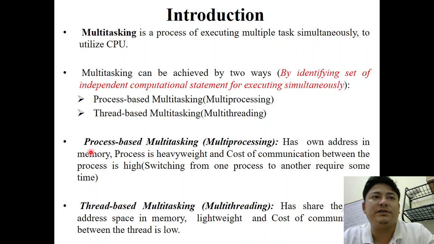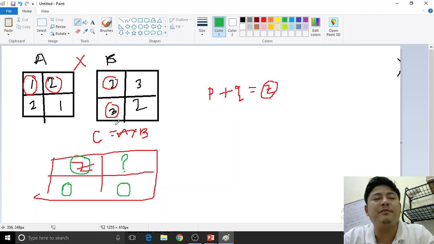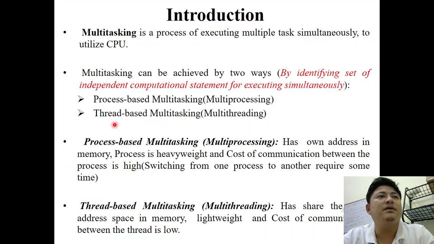Next is the process. This matrix multiplication can be performed using multitasking programming. We have two different kinds of multitasking: one is process based, and the other is thread based. In process-based multitasking, each process has its own address space.